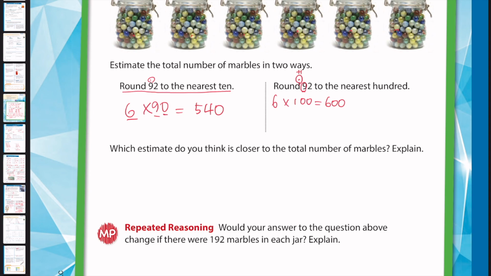Explain. So which one do you think? Which one is closer? 92 and 90, or 92 and 100? Yes, 92 is closer to 90. So I'm going to say the first estimate.